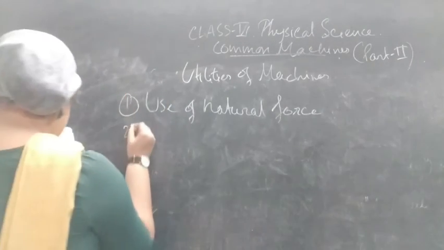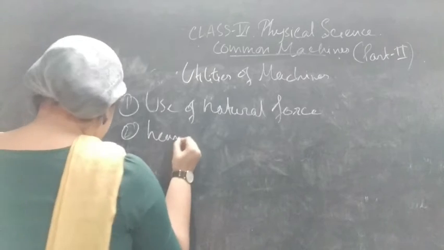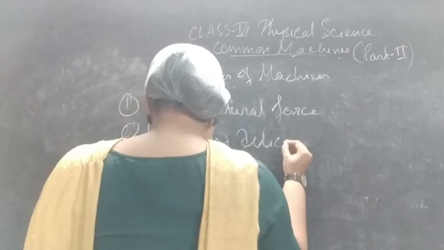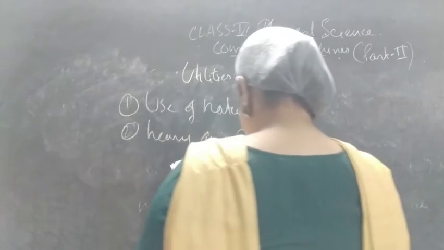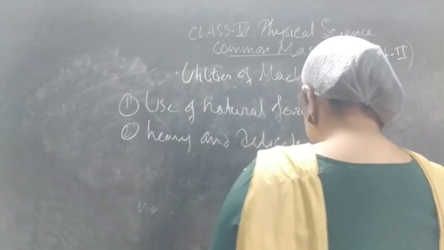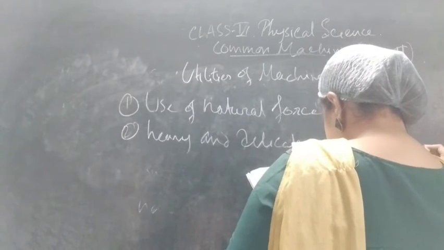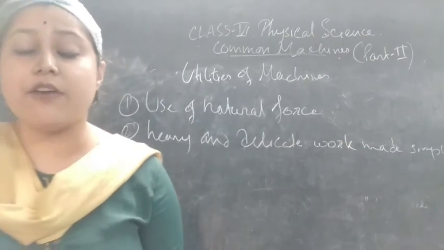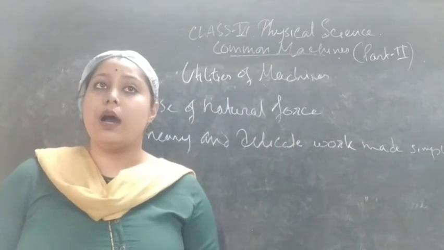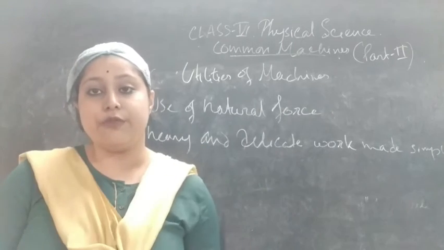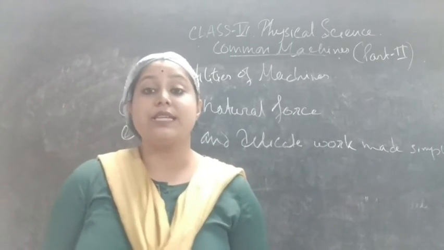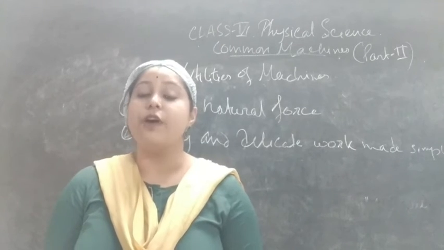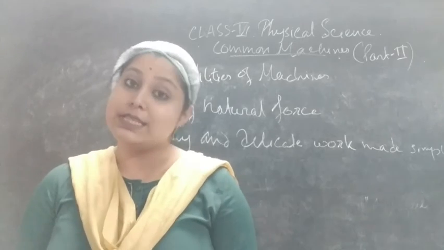The second is heavy and delicate work made simple. If someone told us to lift a load, because the weight is too much, we can't actually lift it, but the machine can easily do it.